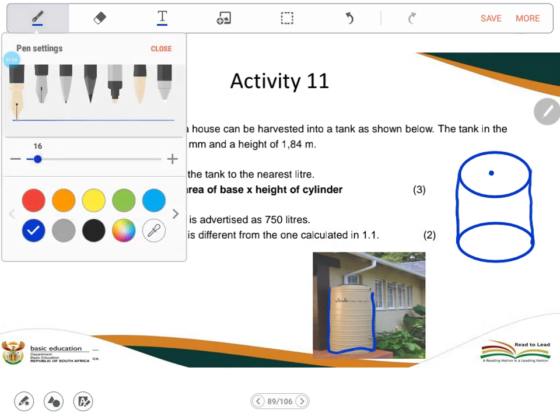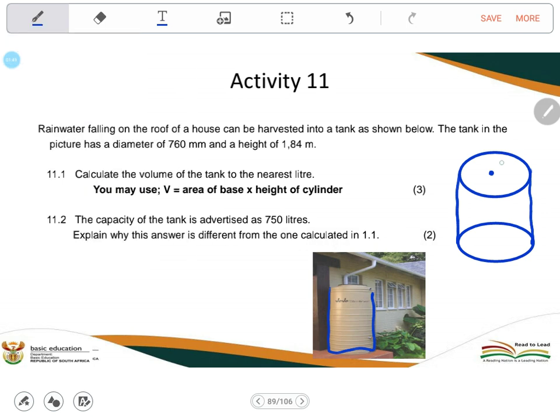The diameter will be a line from the circumference through the center of the circle to the circumference. So we are told that the diameter of this cylinder is 760 millimeters.